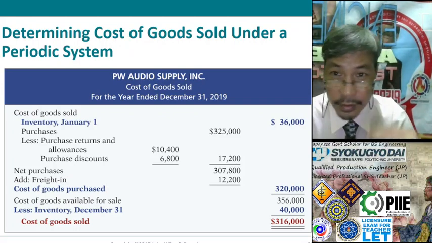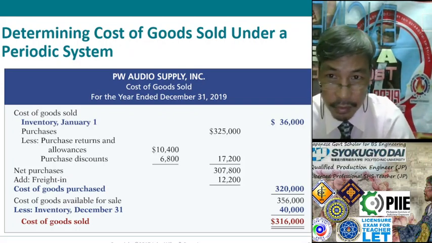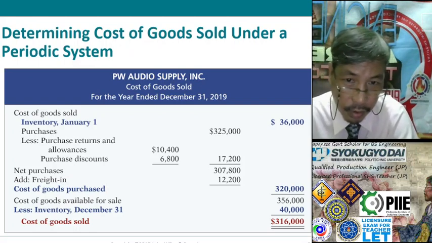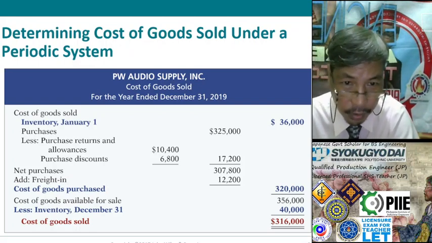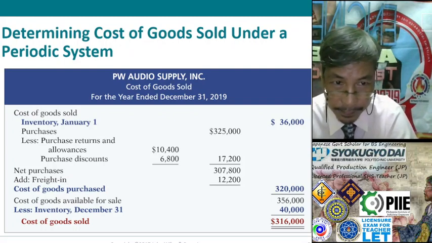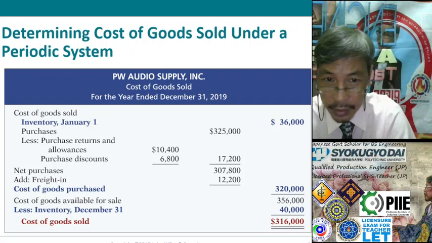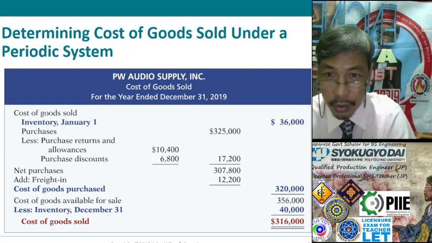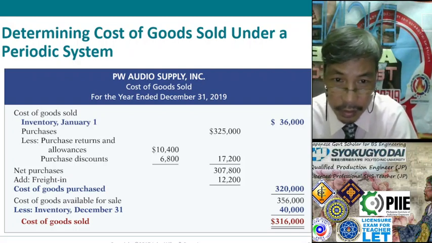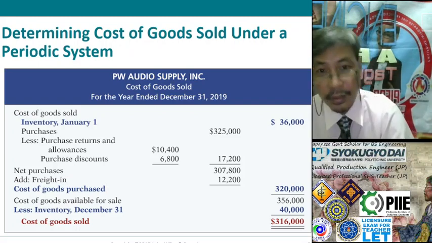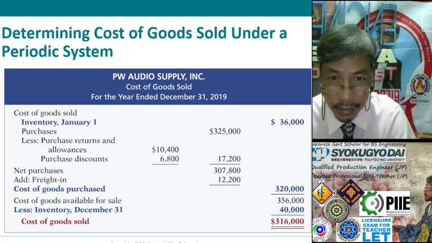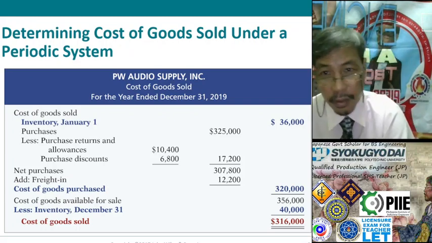So freight in is included in the cost of goods purchased, then cost of goods available for sale. Cost of goods available for sale is equal to cost of goods purchased from this accounting period plus the beginning inventory. So that is the cost of goods available for sale.